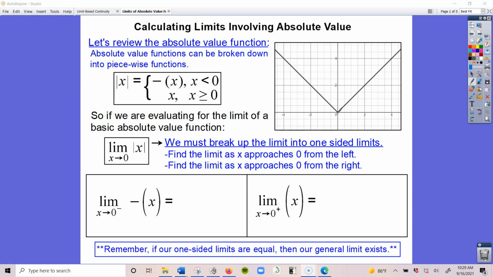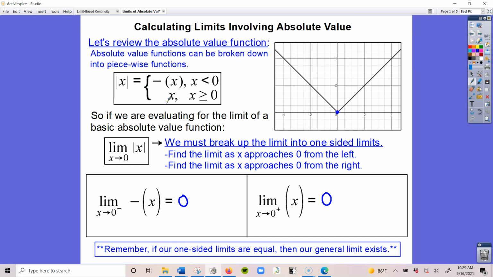So that would equal 0. And then the limit as x is approaching 0 from the right would also equal 0. This is because at x equal to 0, that's where we have the vertex of the graph where the line splits.